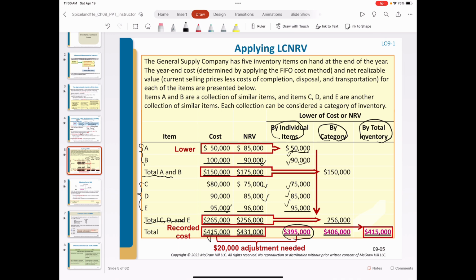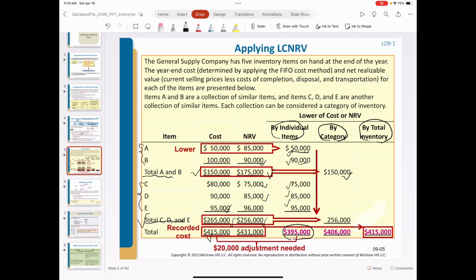We can also apply it at the category level. For A and B, the first category, the total cost was 150, total NRV was 175. We keep using the cost because cost is lower, even though for product B, NRV is less than the cost. For the second category, we compare the total of this category.